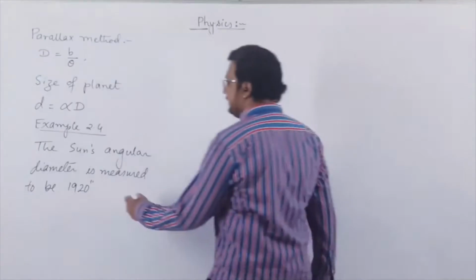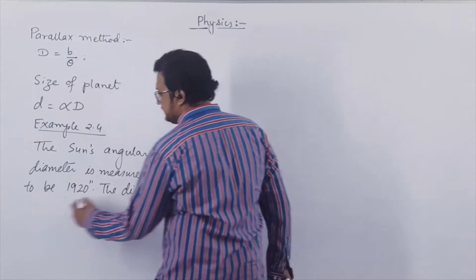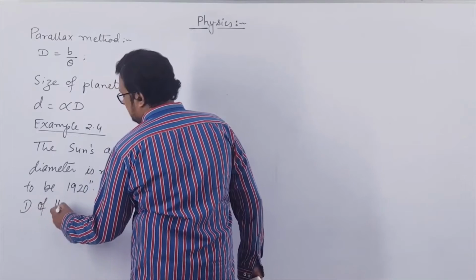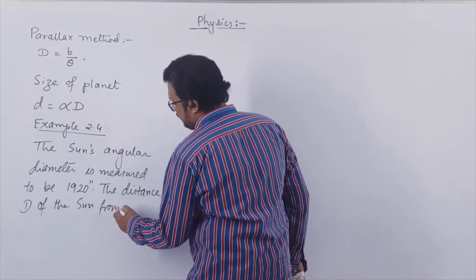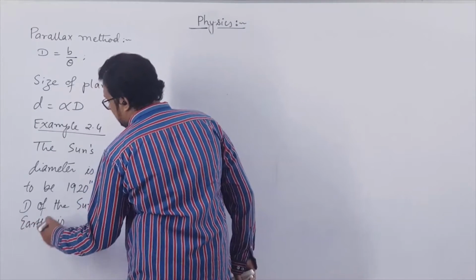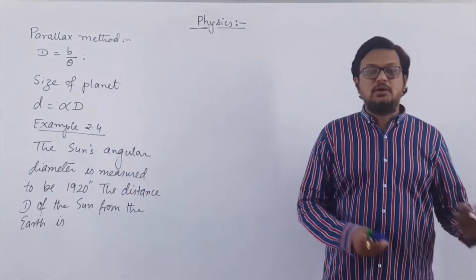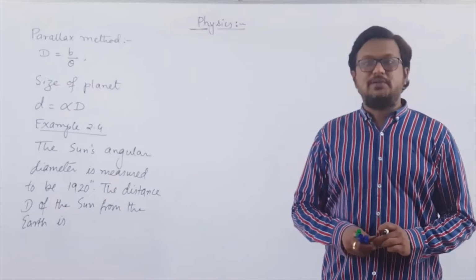The distance D of the sun from the earth is, remember this distance for your exam point of view, because it might not be given in many examples, 1.496 into 10 raised to 11 meter.